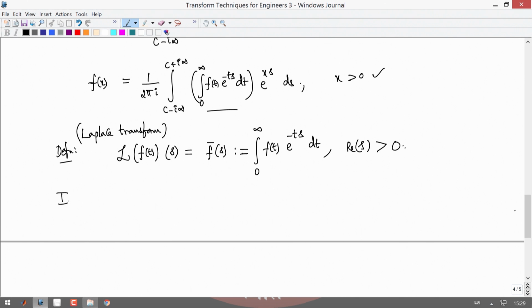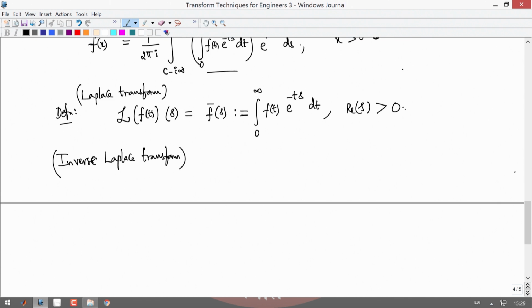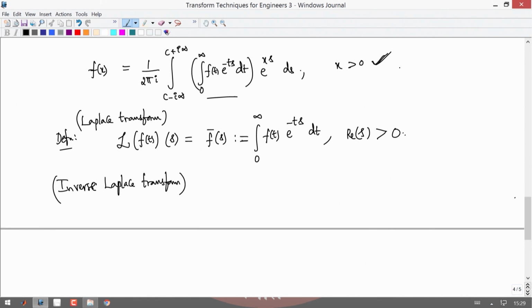Okay. So, the definition of Laplace transform. Now the inversion, the inverse Laplace transform. So, what is this inverse Laplace transform? That comes, like earlier, from the integral theorem. Now, this is your integral theorem. You can write your Laplace transform, instead of f of x, let me use f of t.